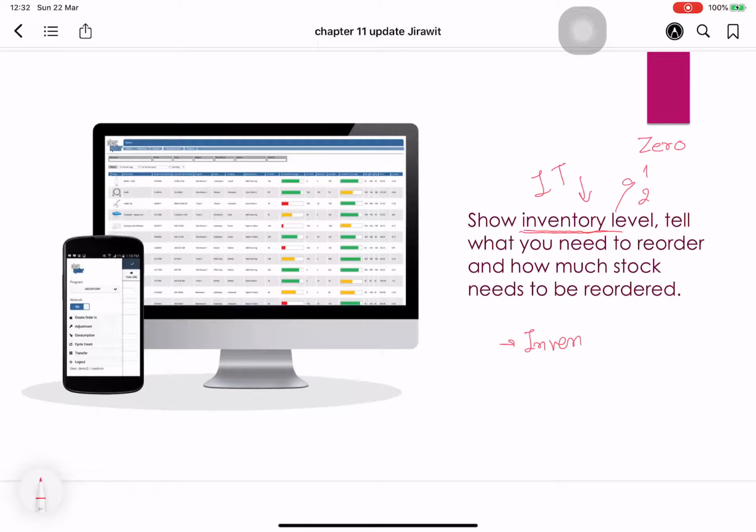This is an application that helps to control and manage.